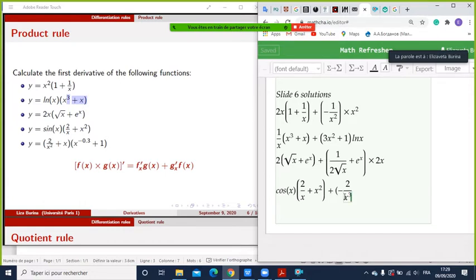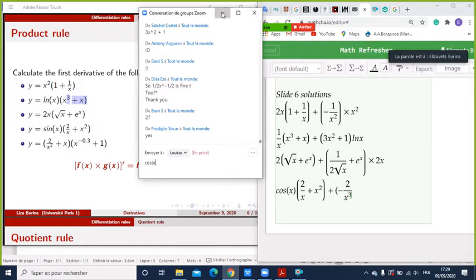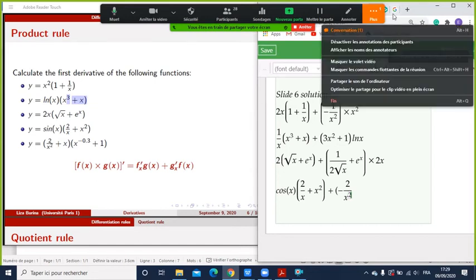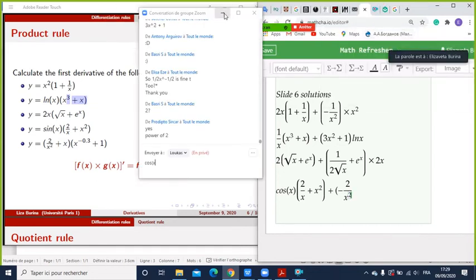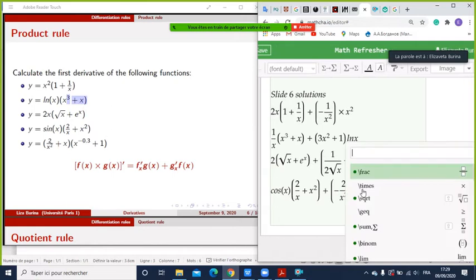I don't like it. Why did I get to the power of 3? To the power of 2. Yes, to the power of 2. And again here, what you could do is not write the x squared in the denominator, but just keep minus 2x to the power of minus 2, then plus 2x, and then all this times the sine.